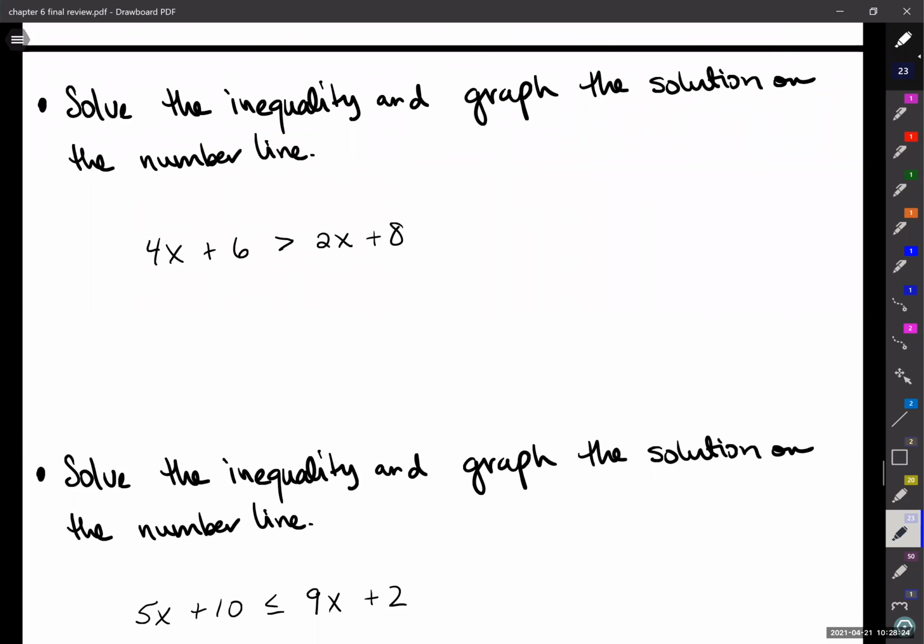So now we get to inequalities where we've got x's on different sides. So we know we still follow the same strategy, x's to one side, numbers to the other, with the only caveat that if we ever multiply or divide by a negative number, we would have to switch the direction of the sign.